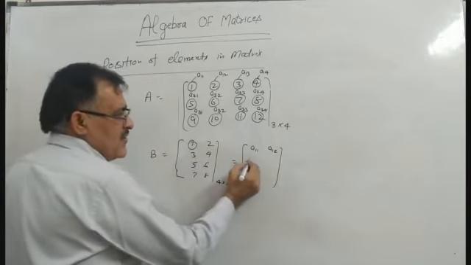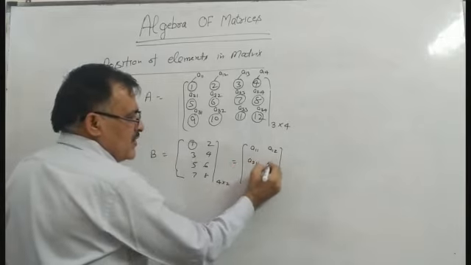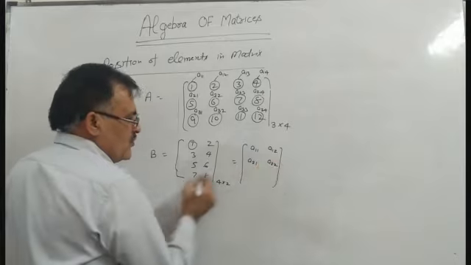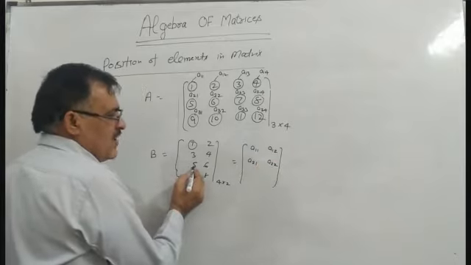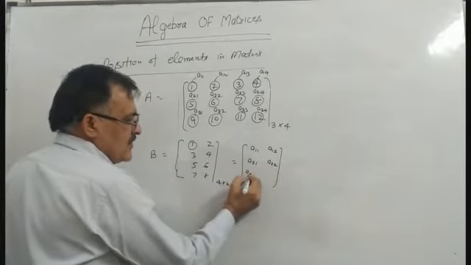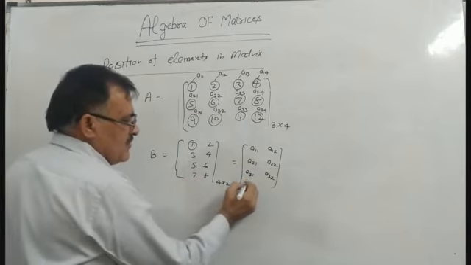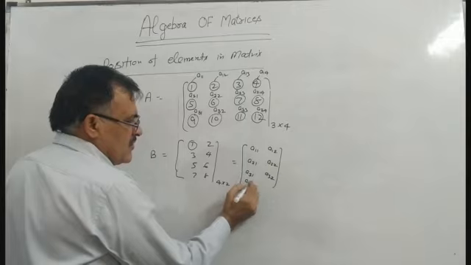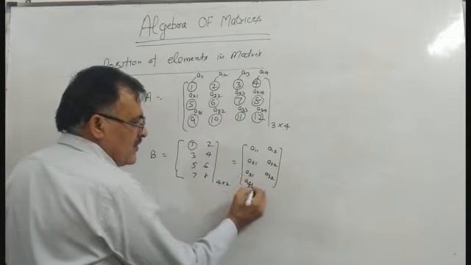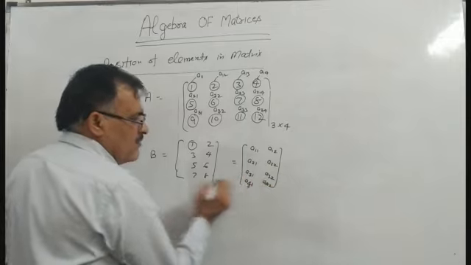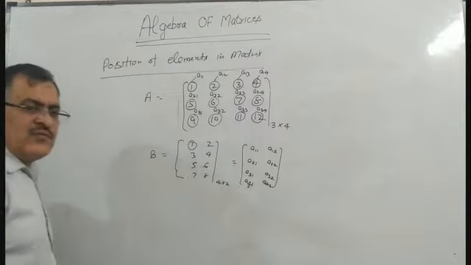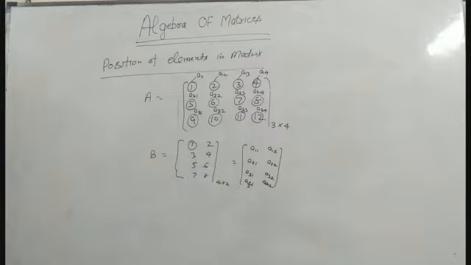Now 3, A21, A22. Now 5, A31, A32. And 7, A32... A41 and A42. These are the addresses of the elements.